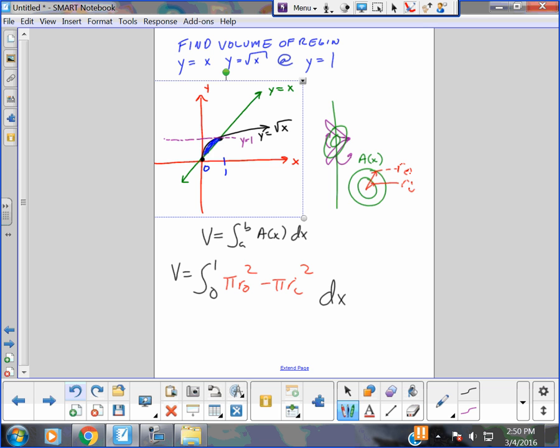The problem is I cannot integrate Ro or Ri with respect to dx. So I have to change those into some sort of function. Now, invariably, this time of year, what I have students do is they just start guessing and they'll just throw functions in. They hope and pray it's y equals x and y equals square root of x, and that x and square root of x become the radiuses, the radii.